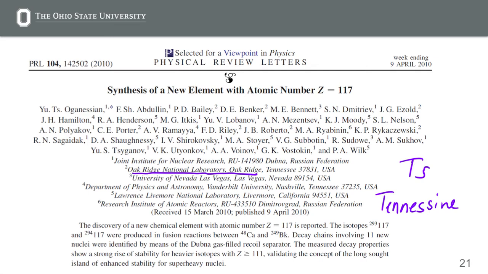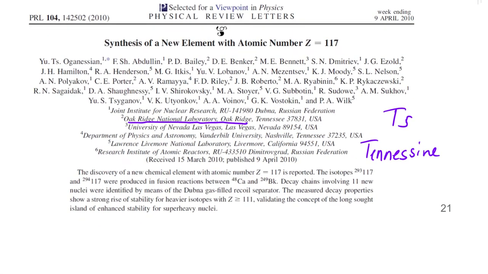And so, the way they produced this, here it is in the abstract, was a fusion reaction between calcium and, does anyone know what Bk is? Not Burger King. Berkelium. Berkelium, named after Berkeley.